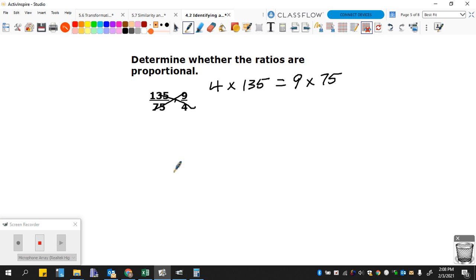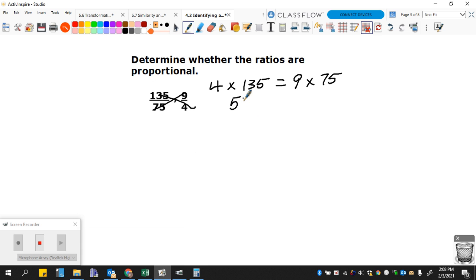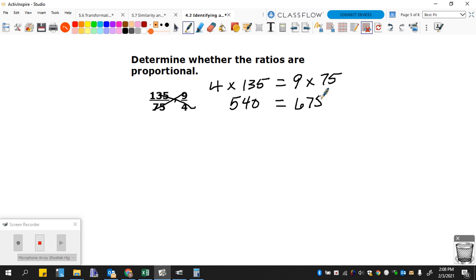So 4 times 135 is 540. 9 times 75 is 675. And so this, once again, is not proportional.